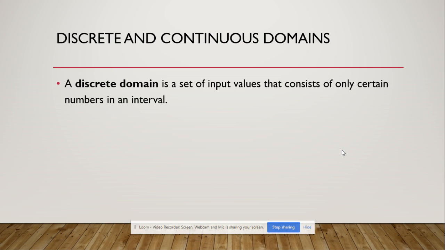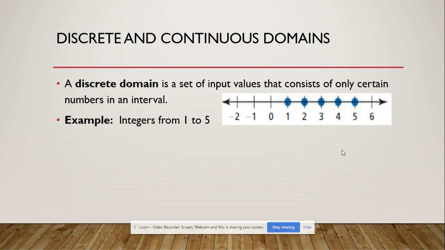So if I have an equation that is modeling the cost of basketballs, I'm not going to use all possible numbers. I'm only going to use whole positive numbers. So that would have a discrete domain because only whole positive numbers make sense. Decimals, fractions, none of those make sense. I wouldn't use them, so I would only use discrete numbers.